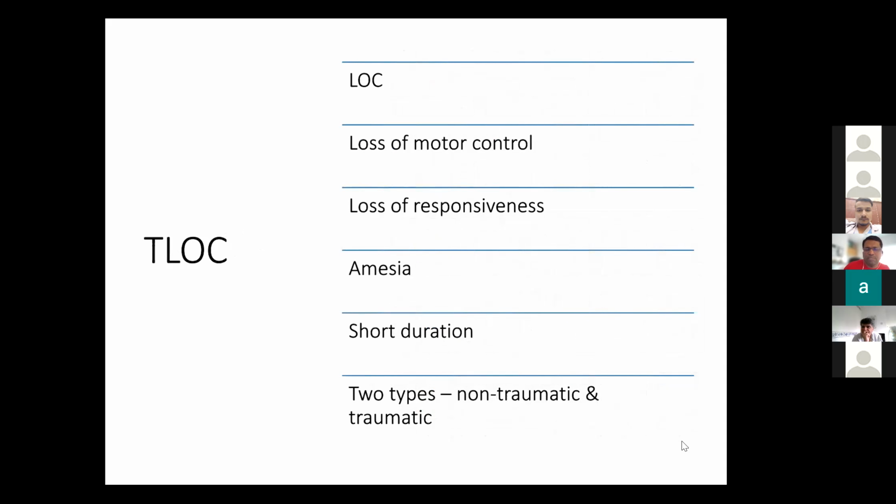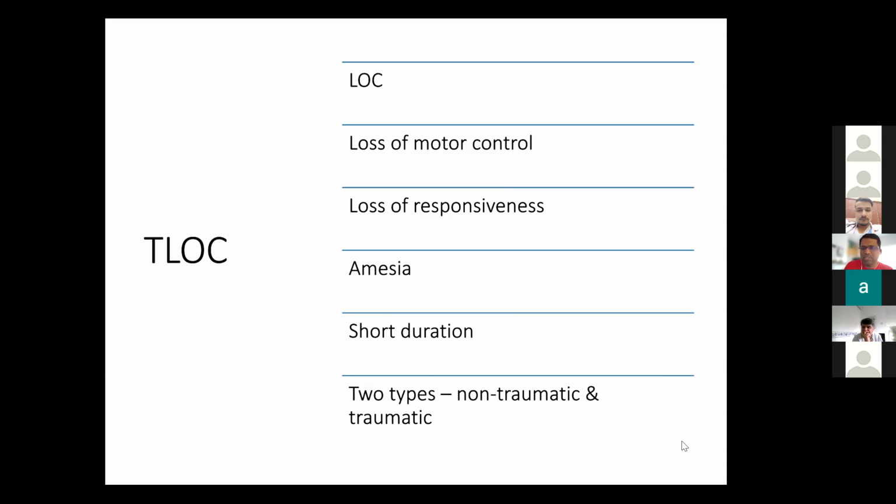So how does it differ from T-LOC, or transient loss of consciousness? Syncope is an entity within T-LOC, but T-LOC includes other things like non-epileptic seizures or epileptic seizures and psychogenic causes. Those are the other two entities under the umbrella of T-LOC. As the name suggests, in transient loss of consciousness there's loss of consciousness, loss of motor control, loss of responsiveness, a period of amnesia, and short duration.